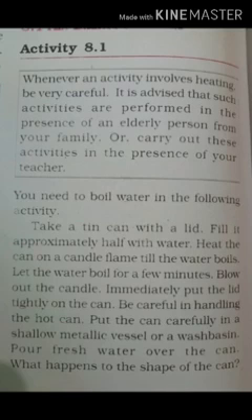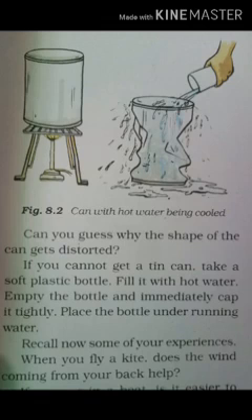Let's understand why this happened. When you heat the water inside, the water forms steam. Once you close the lid, no steam goes out, no air comes in. When it is put in cold water, the hot water which was inside condenses and its amount reduces.